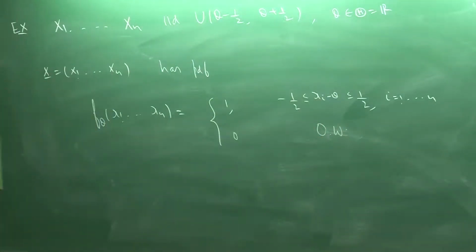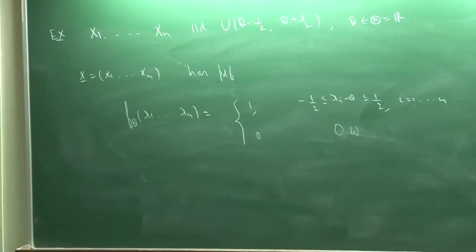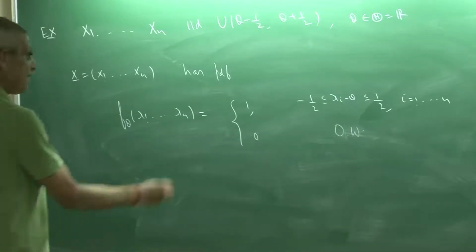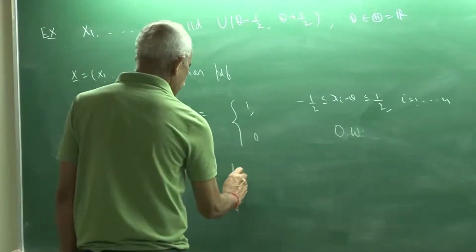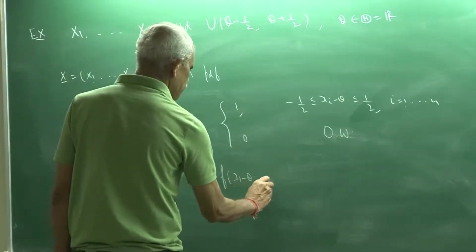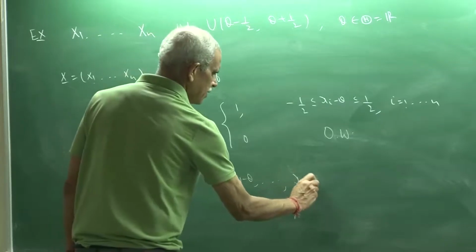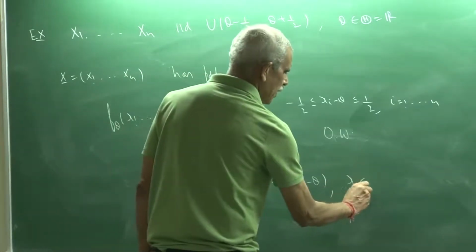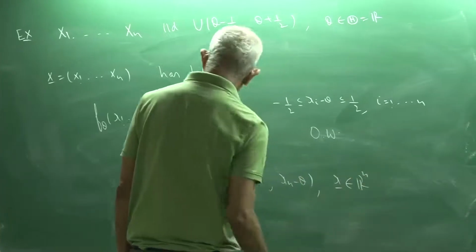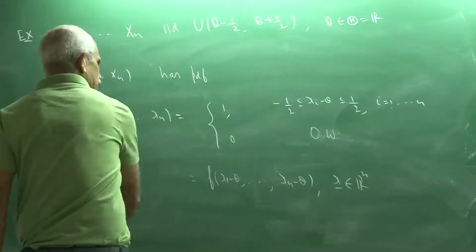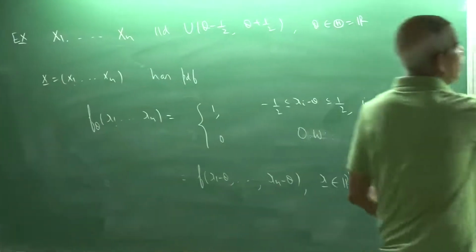I have to find the MRI of theta under the additive group of transformations. So clearly this is f of x1 minus theta, ..., xn minus theta, x belongs to Rn. And what is my form of f?